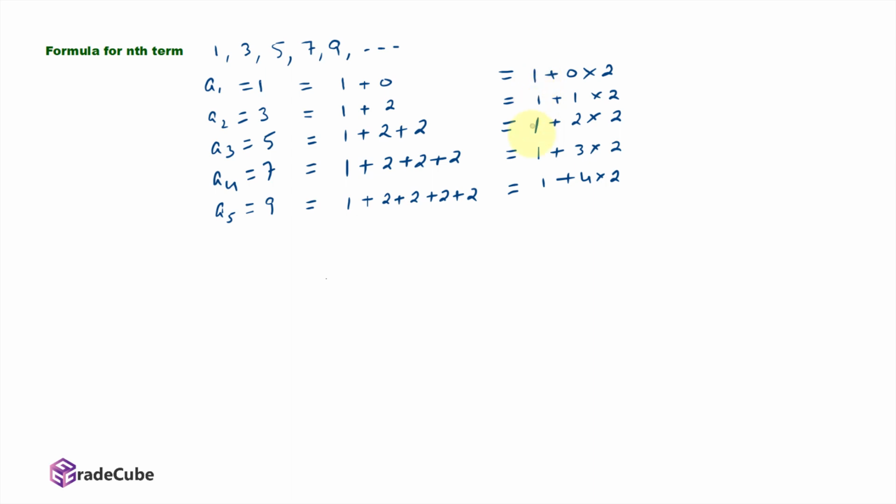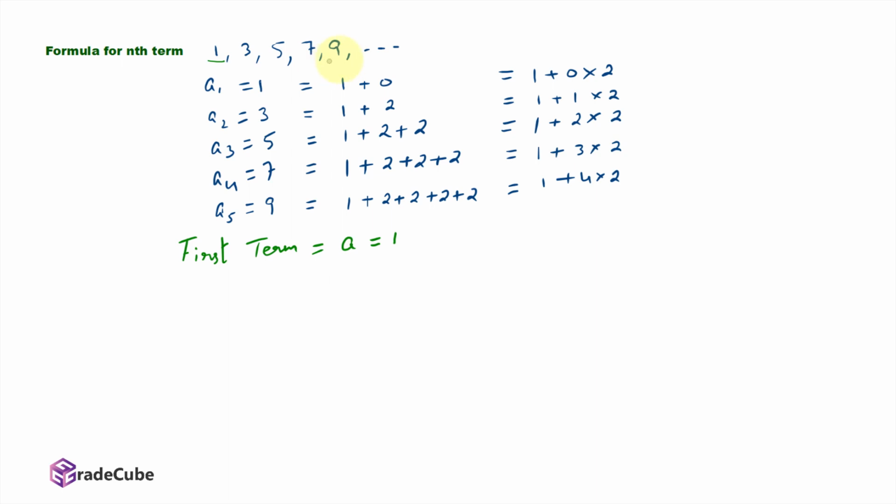Now what is this term 1? It is common among all the terms and this is nothing but the first term. So here the role of first term is very important. It is generally taken as a and here the value of a is 1. Then comes this 2.